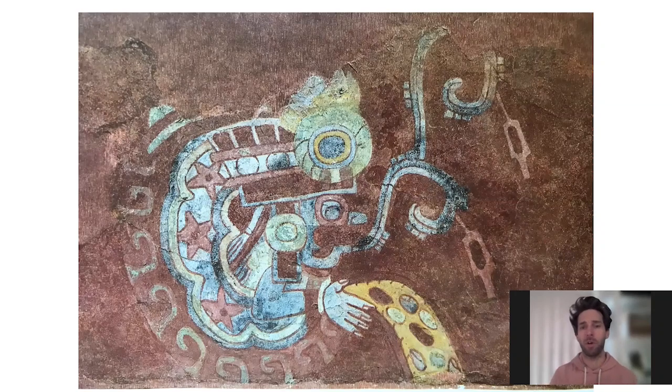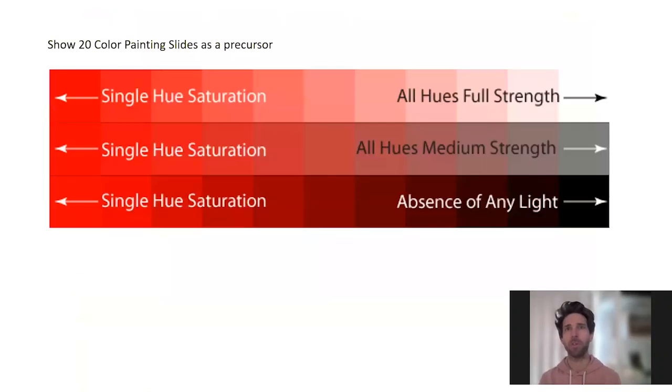Okay, so now that I've shown a couple images, let's break down color and hue and saturation a little bit more. As we add a dark color, the red loses its brightness.